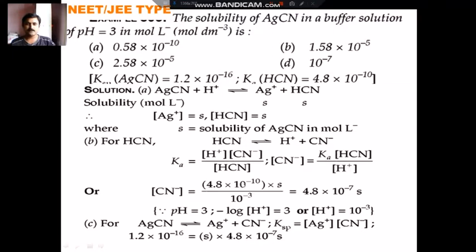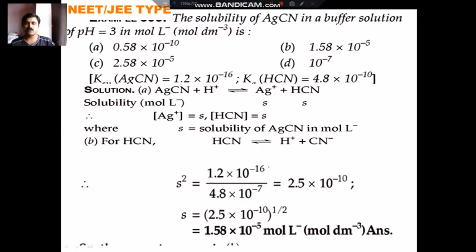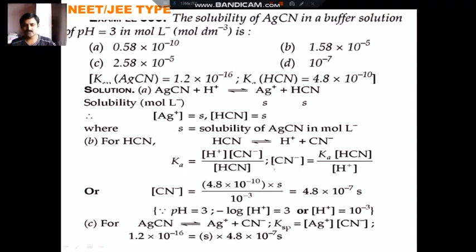The Ka of HCN is given as 4.8 into 10 power minus 10, that is the dissociation constant of HCN, and the HCN concentration we assumed is S, divided by 10 power minus 3. Upon simplification, the CN minus concentration we got is 4.8 into 10 power minus 7 into S. Here all of this is because the pH value is given as 3. pH is 3 means the H plus concentration is 10 power minus 3.